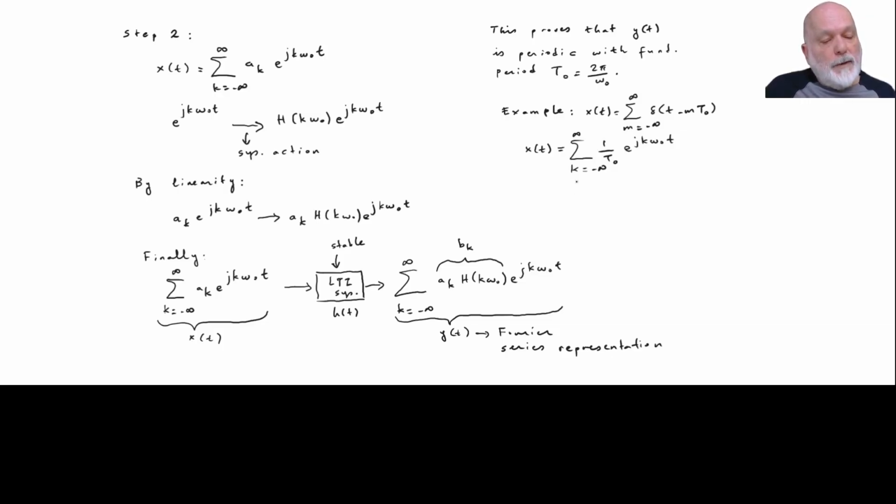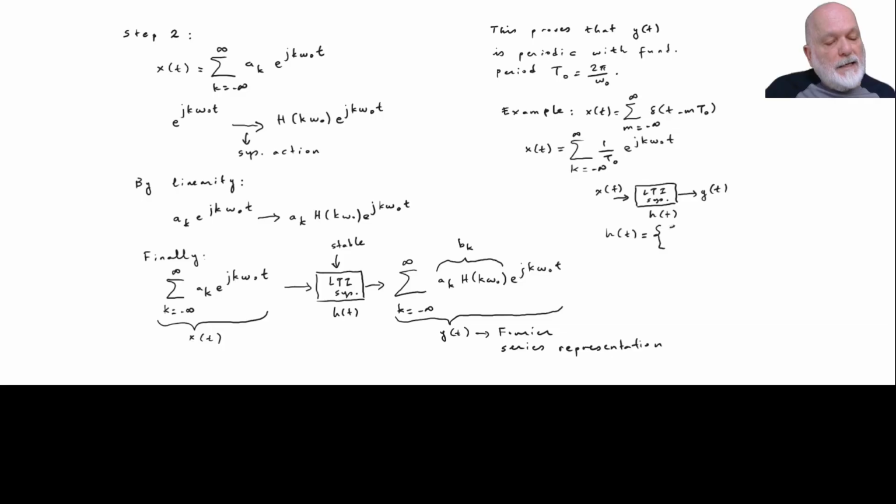So let us now consider this x of t as the input signal of a stable LTI system. So we have our LTI system with impulse response h of t, and let us choose h of t as follows.